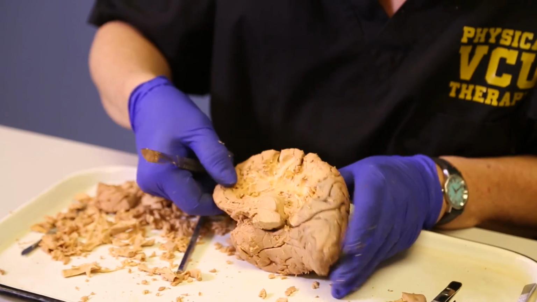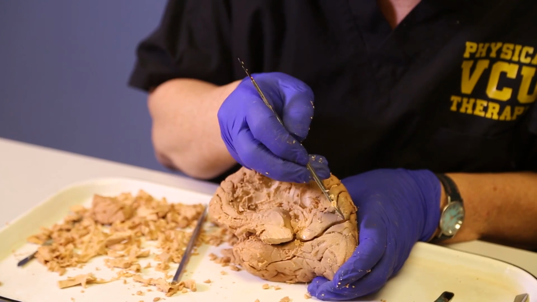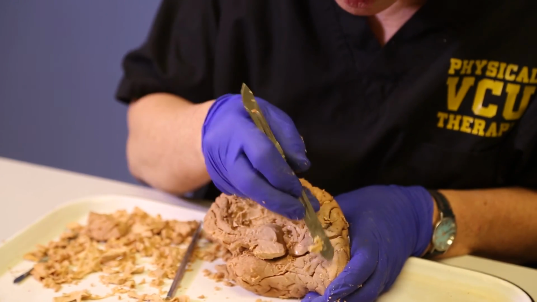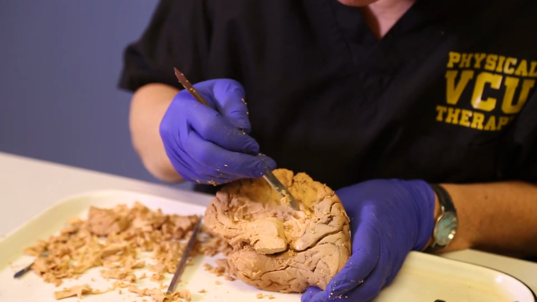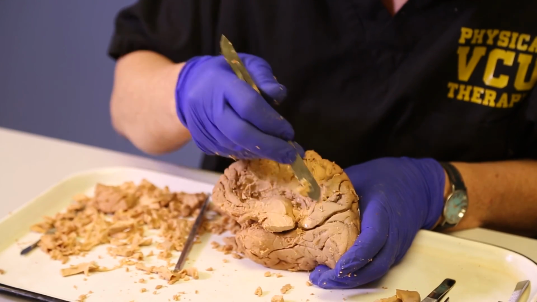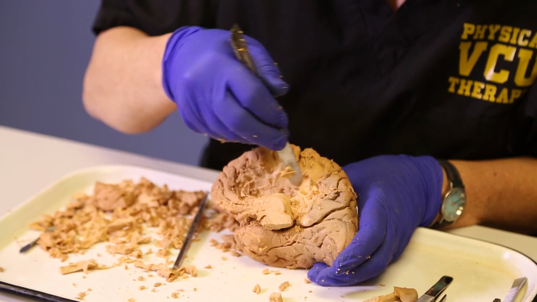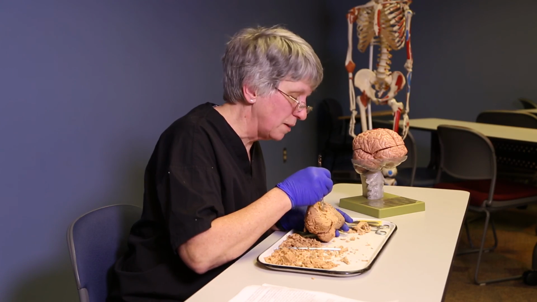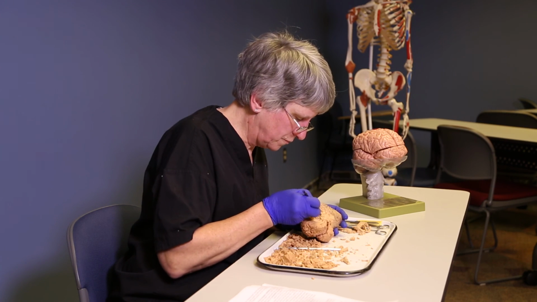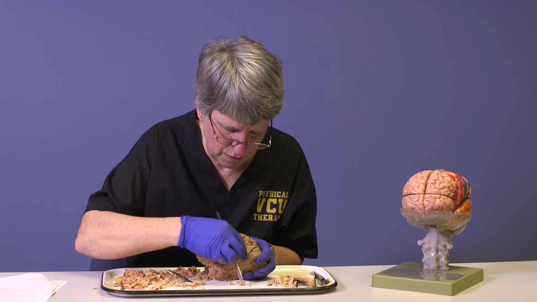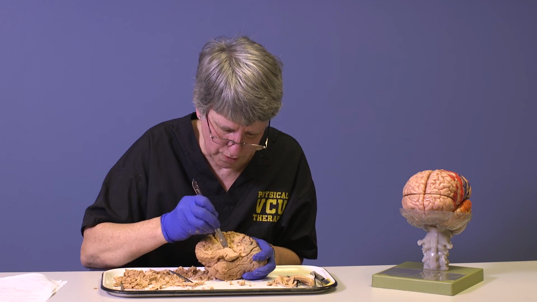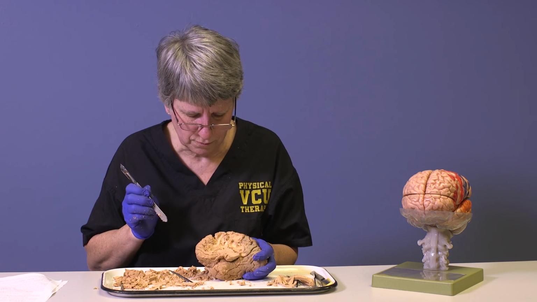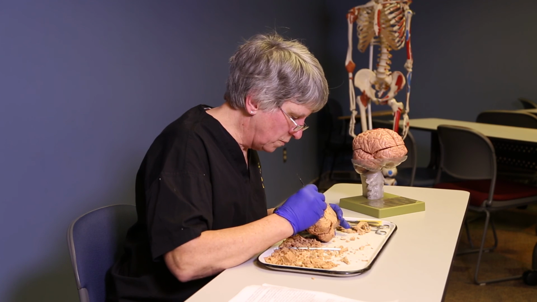The rest of the cortex is also sending fibers, so parieto-pontine fibers, occipito-pontine fibers, and temporo-pontine fibers are also going to go through the posterior limb of the internal capsule. You can see those coursing in this direction because they've all got to come through this internal capsule right there.